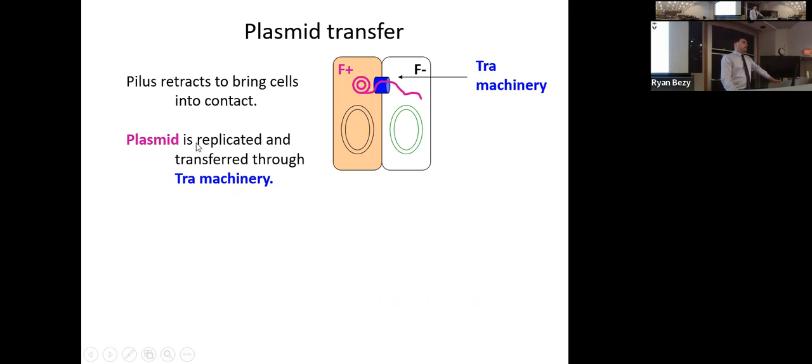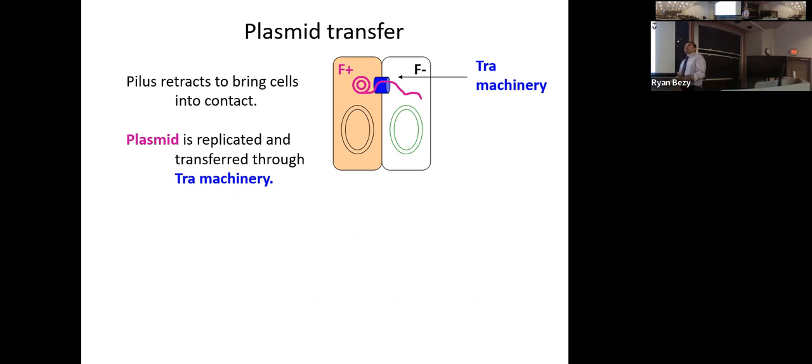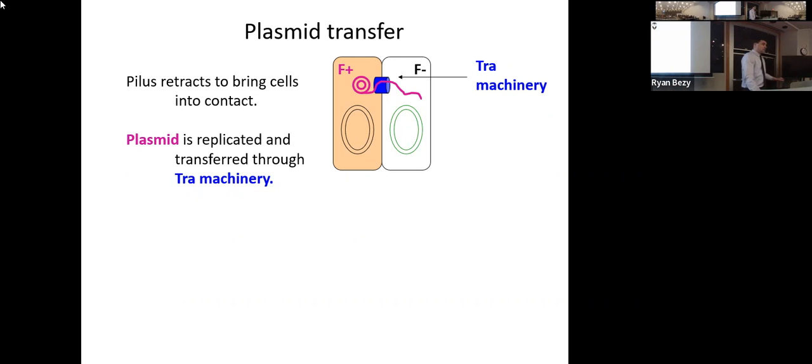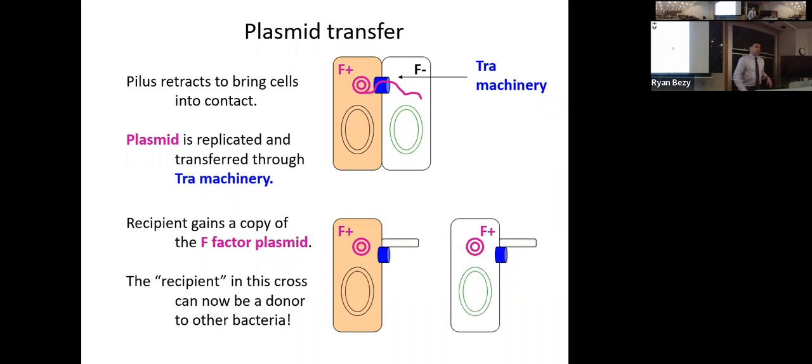The plasmid is going to get replicated by DNA replication. A copy gets made, and then that copy of the plasmid is transferred through the TRA machinery from the donor cell into the recipient cell. We're just showing that up here in my little diagram. The recipient cell now gains a copy of the F factor plasmid.